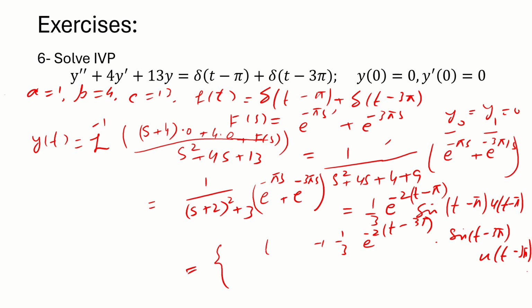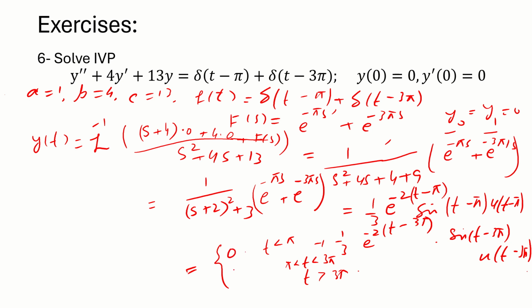One case is t less than pi, the other is t between pi and 3 pi, and the next one is t greater than 3 pi. When t is less than pi, everything will be 0. When t is between pi and 3 pi, we take only the first part. And when t is greater than 3 pi, we take both the first one and the second one as well. So we have 0 here.